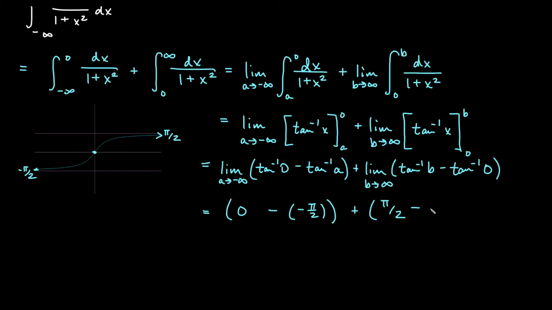Inverse tangent of 0 again is going to be 0, because the graph goes through the origin there. And now we have our answers here, I think. So we have negative negative pi over 2, also known as positive pi over 2, plus another positive pi over 2, and that will give us an answer of pi for this integral. So this integral converges also.